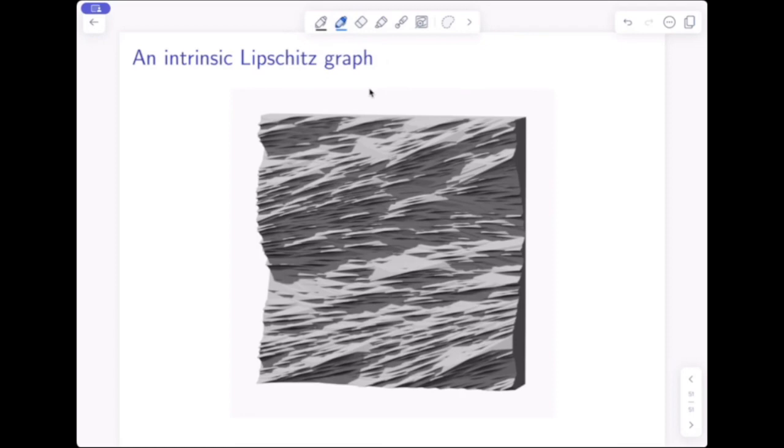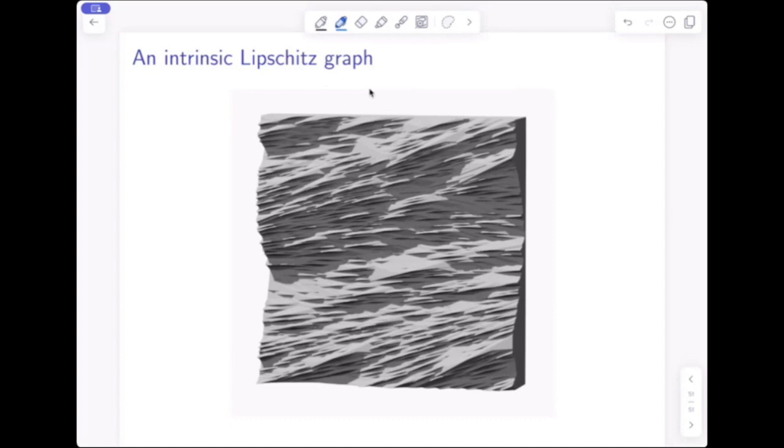So the tools that go into this are a field called geometric measure theory. Geometric measure theory originated from studying minimal surfaces. You have soap bubble problems. You have a surface with some given boundary. What's the smallest area that surface can have?